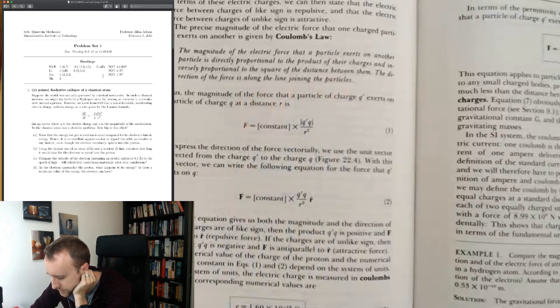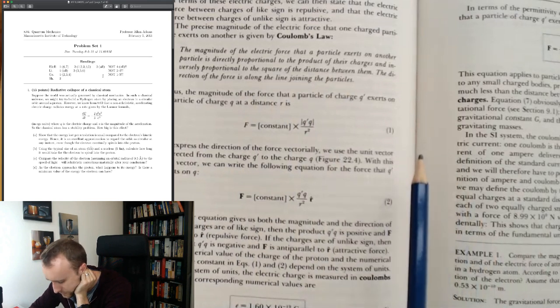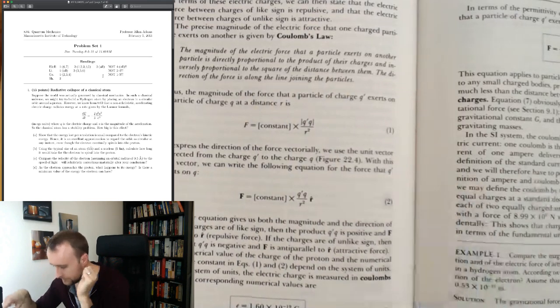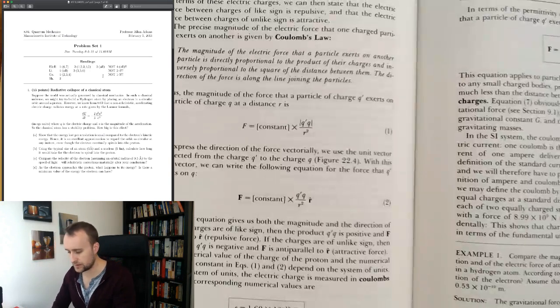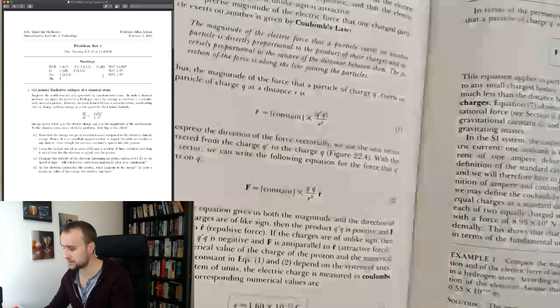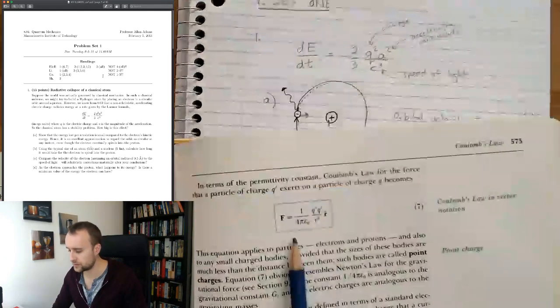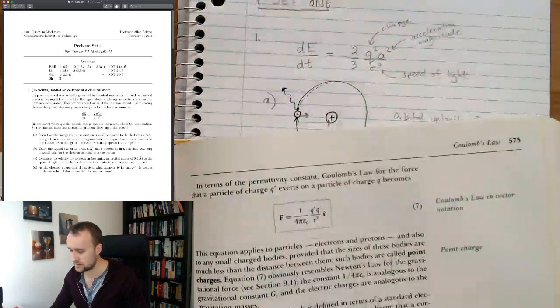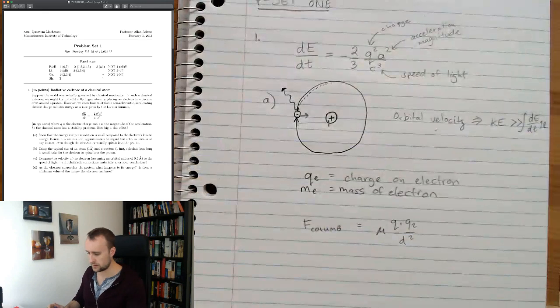So there's this constant. This is the charge on a proton, which is good to know anyway. And this is Coulomb's constant, which for historical reasons is usually written like this. I was looking for Coulomb force, but it's Coulomb's law.